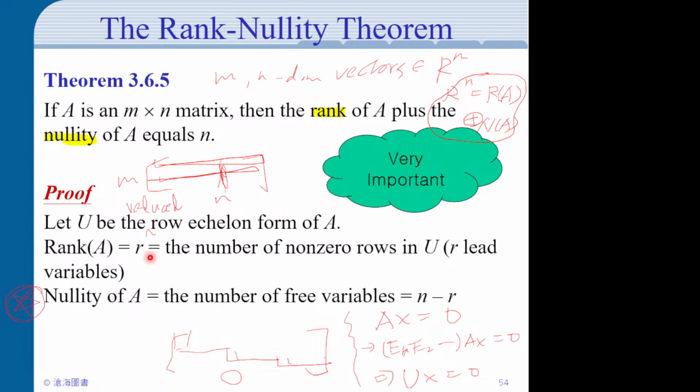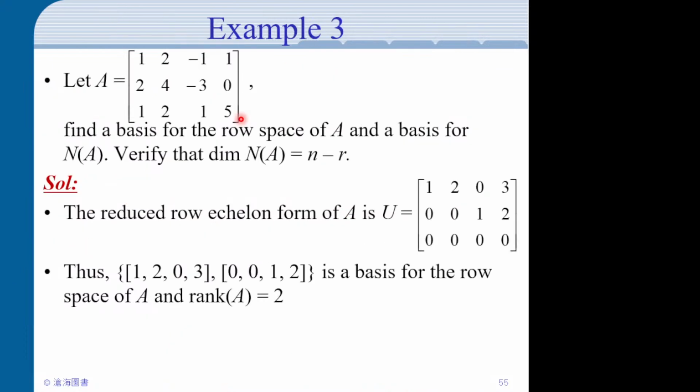So we can do Gaussian elimination, and actually go to reduced row echelon form. Okay. So we turn A into its reduced row echelon form, and we call it U. And here is an example. Those two have the same row space, and we just count how many lead variables and free variables it has.